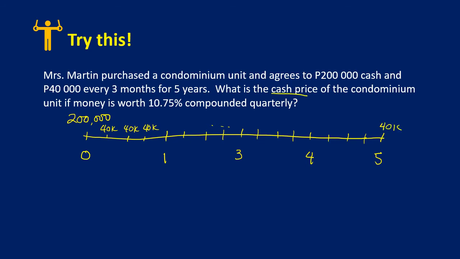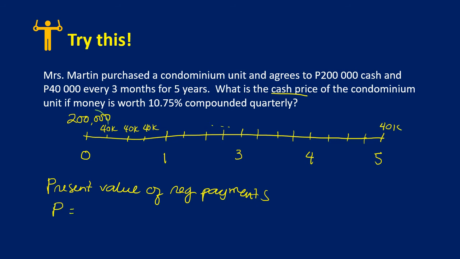So this is a bit similar to what we had earlier. So what will we do first? We will get the present value of your regular payments, right? And what is our formula again? The present value. Again, what does that mean?